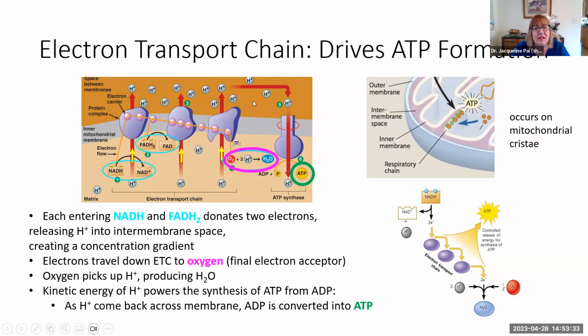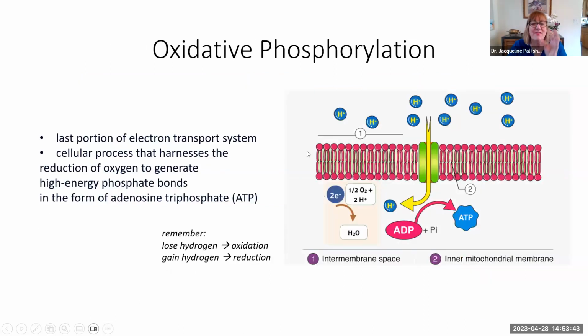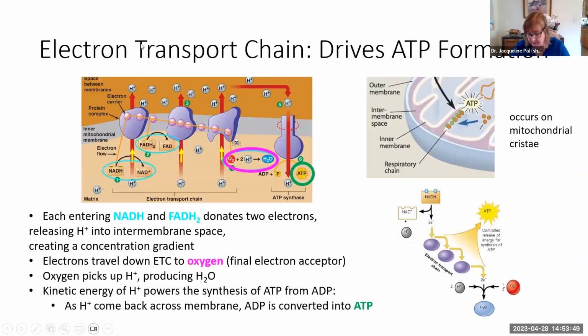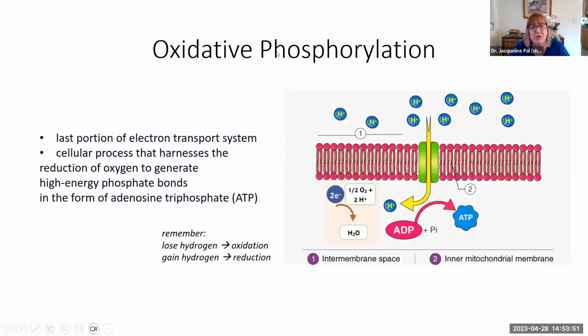As the hydrogen comes back across, here's our hydrogen coming back across, that is what's going to cause the conversion of ADP to ATP. And so this final little step is called oxidative phosphorylation. So remember, oxidative means it's going to involve oxygen, and phosphorylation means we're going to move a phosphate bond.